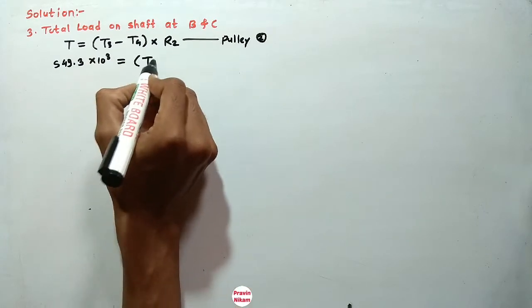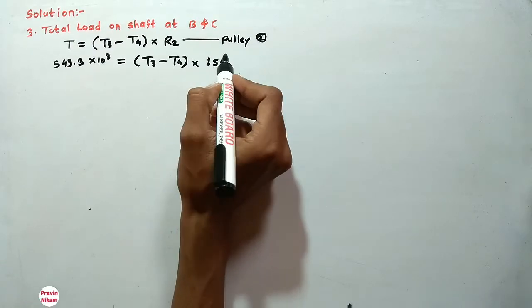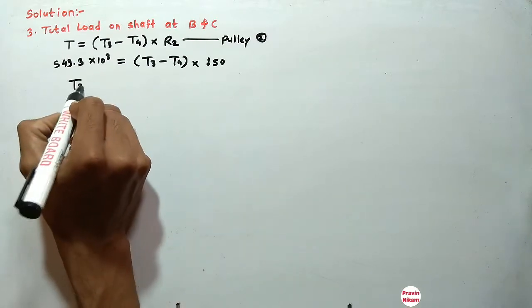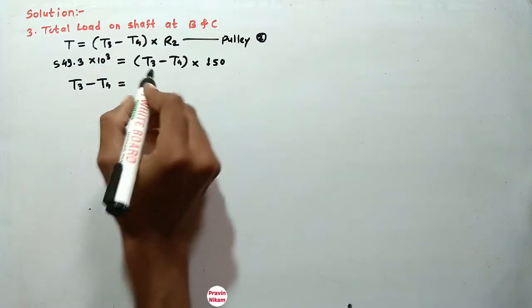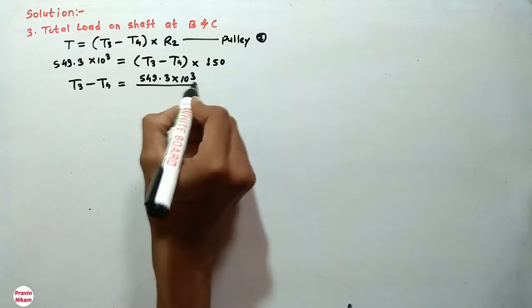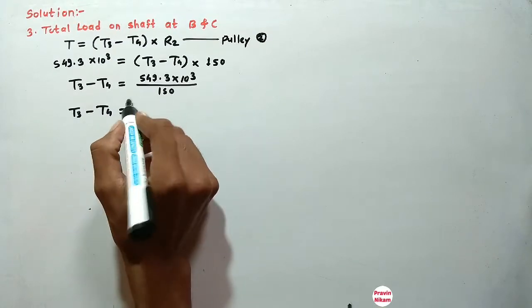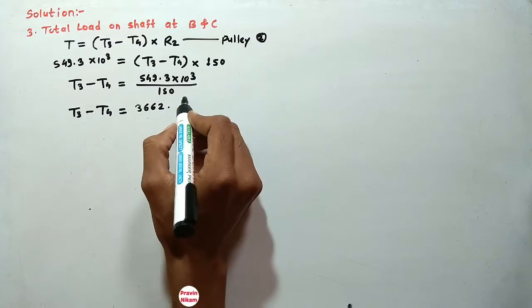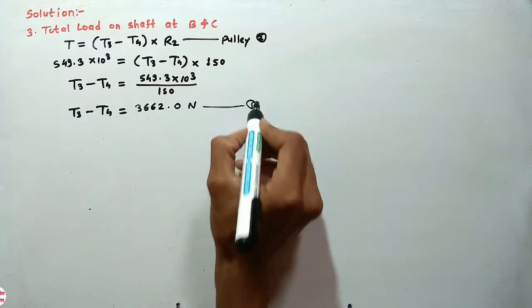That is equal to T3 minus T4 into R2 is 150, that is the radius of pulley 2. Then T3 minus T4 is equal to 549.3 into 10 raised to 3 divided by 150. So T3 minus T4 is equal to 3662.0 Newton. So this is equation 1.